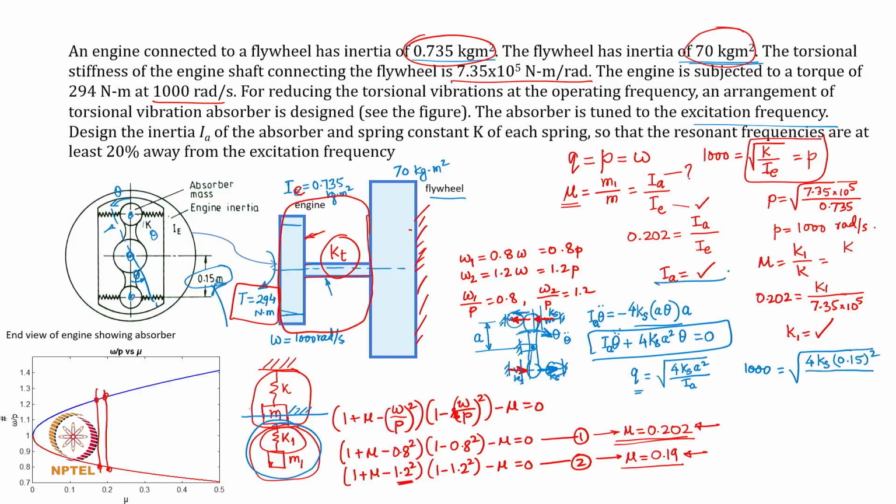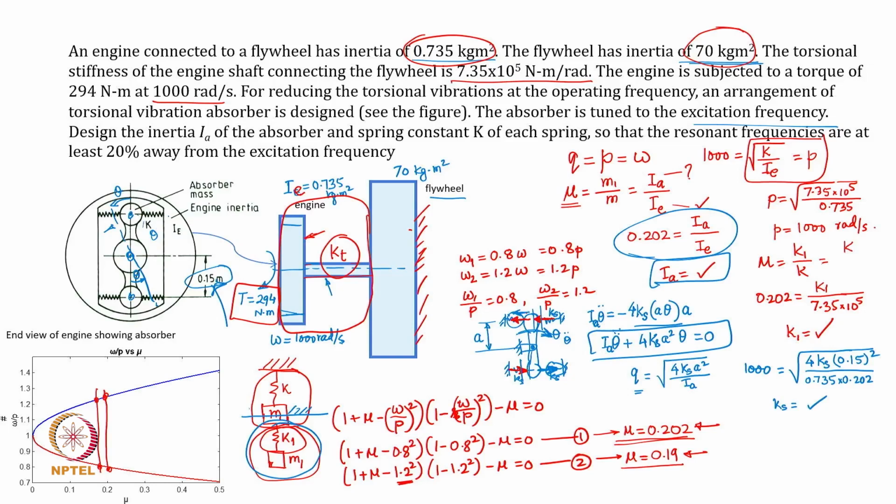Now IA I will be already getting from here, and that is equal to IE, which is 0.735 times 0.202. Okay, that is the value of IA. And so the only unknown here is the value of the spring stiffness, which I get from here. This is how I design the vibration absorber.